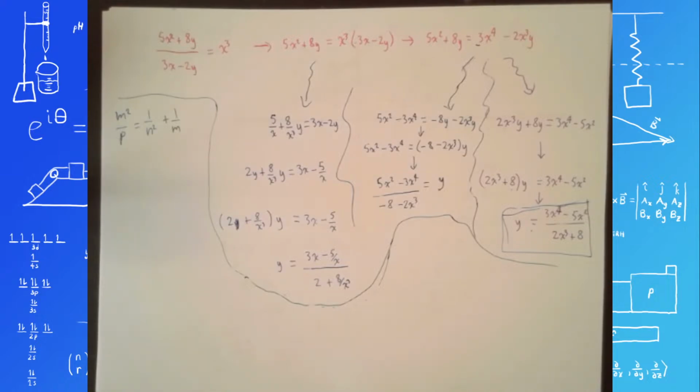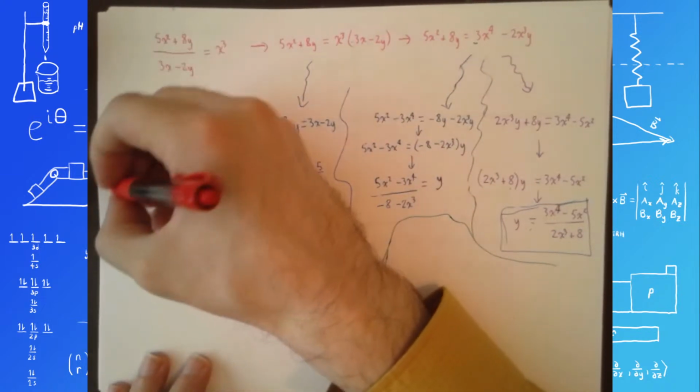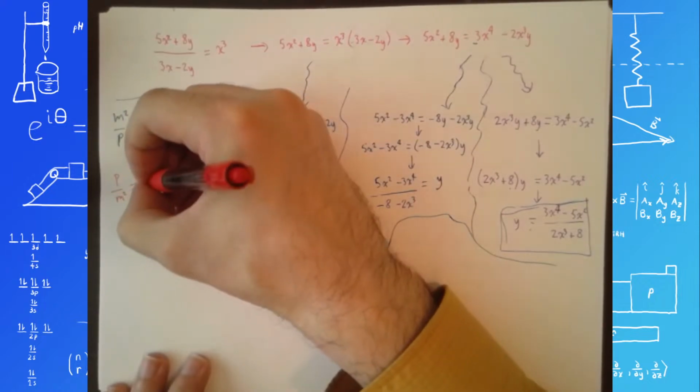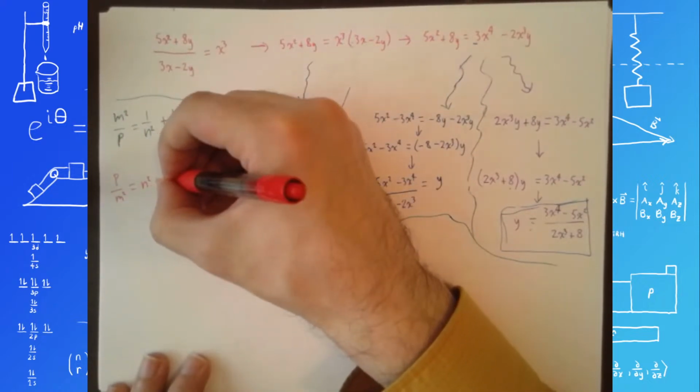So one thing a lot of students do wrong here is they will try to flip all the terms. They will incorrectly, I'll do this in red, they will incorrectly say p over m squared equals n squared plus m.